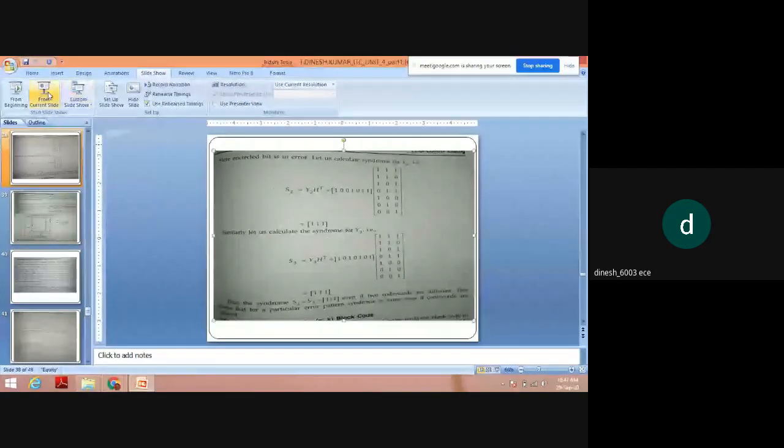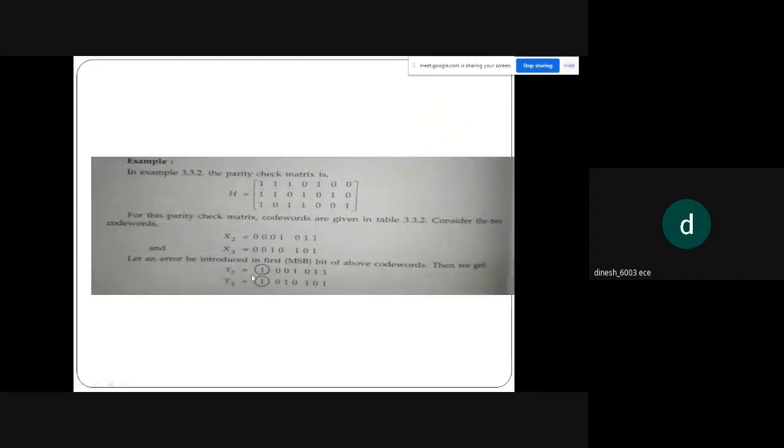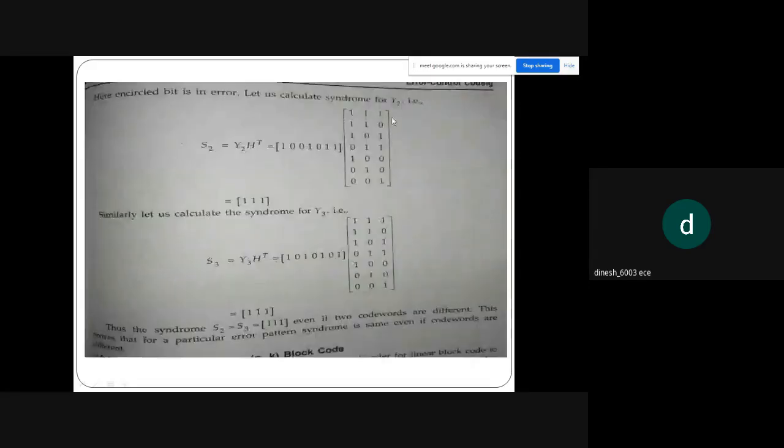So first row. Whatever your code vector might be, see, both the received code vectors are different. Though the code vectors are different, in the syndrome calculation we had assumed the first bit, the first MSB, to be the error. So syndrome decoding has identified that the first bit is in error.